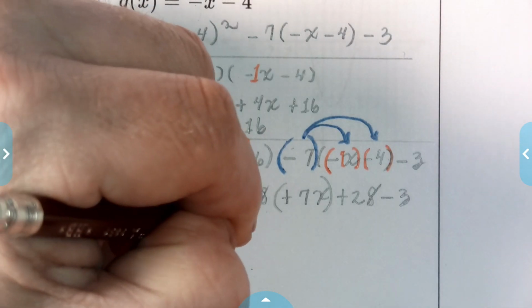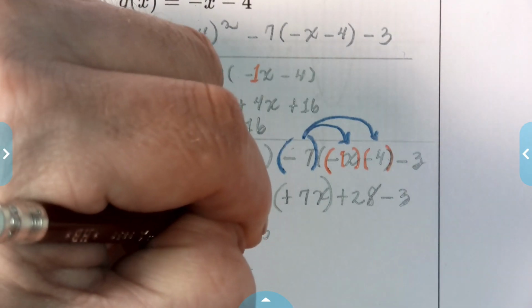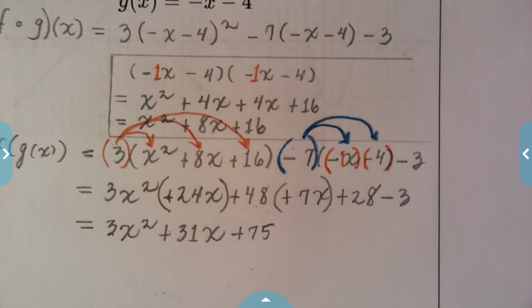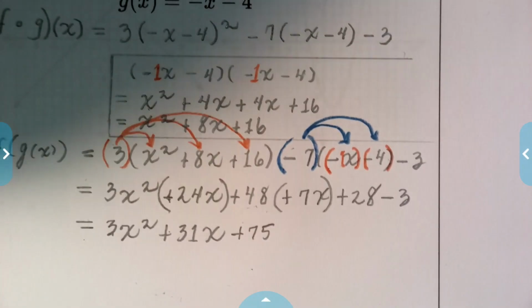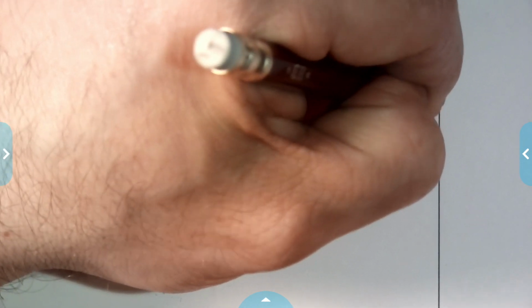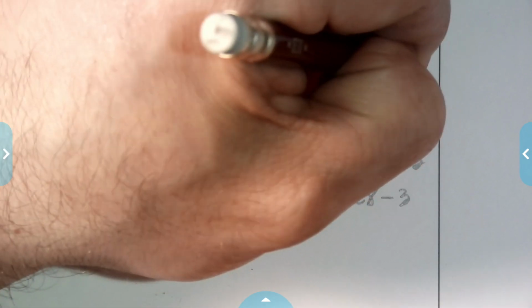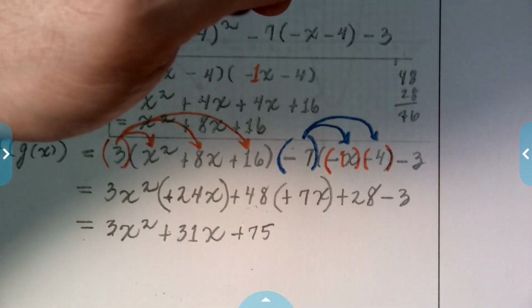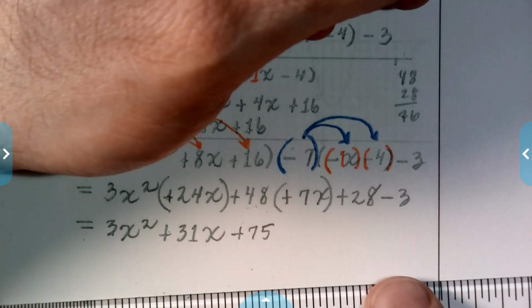I want to make sure I did that math right. 48 plus 28, 76. My bad. I think I said 78.